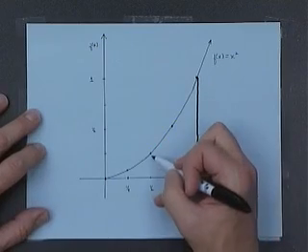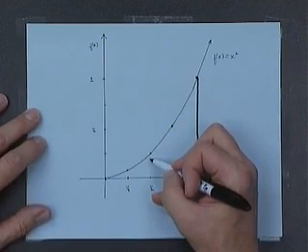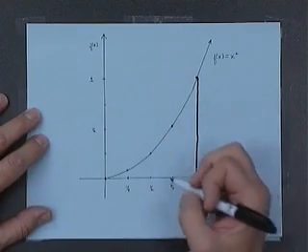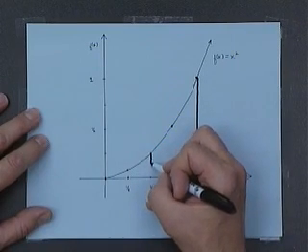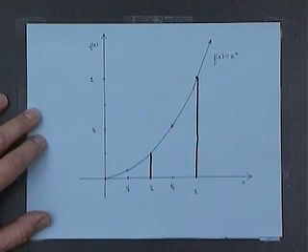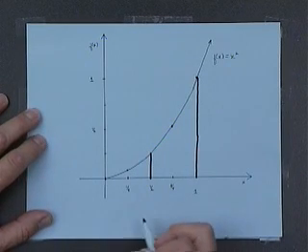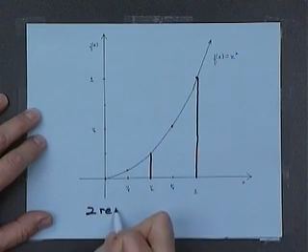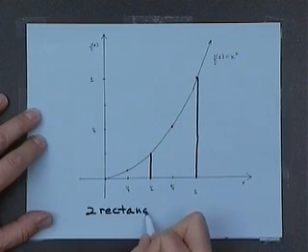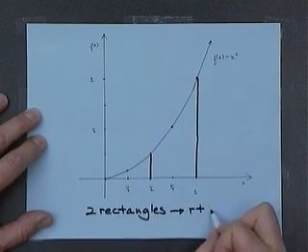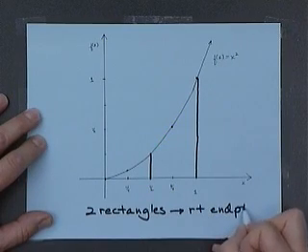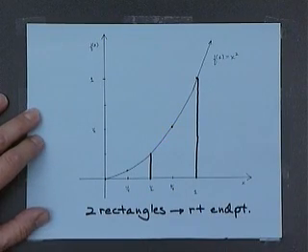The first time through, let's take 2 rectangles. It's going to be very poor. And let's take the right-hand endpoint. We'll use the right-hand endpoint to generate the height of each one.